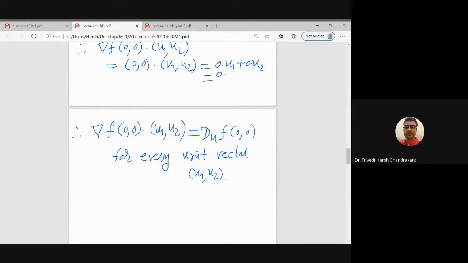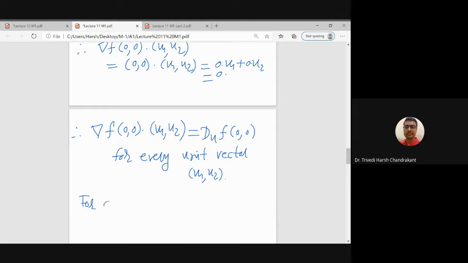For differentiability, the first thing we need to check is whether the partial derivatives exist at that point or not. That we already verified in this example: fx and fy at origin not only exist, their value is 0. The first condition of differentiability we already checked. To verify the second condition, we need to check the limit of the function.